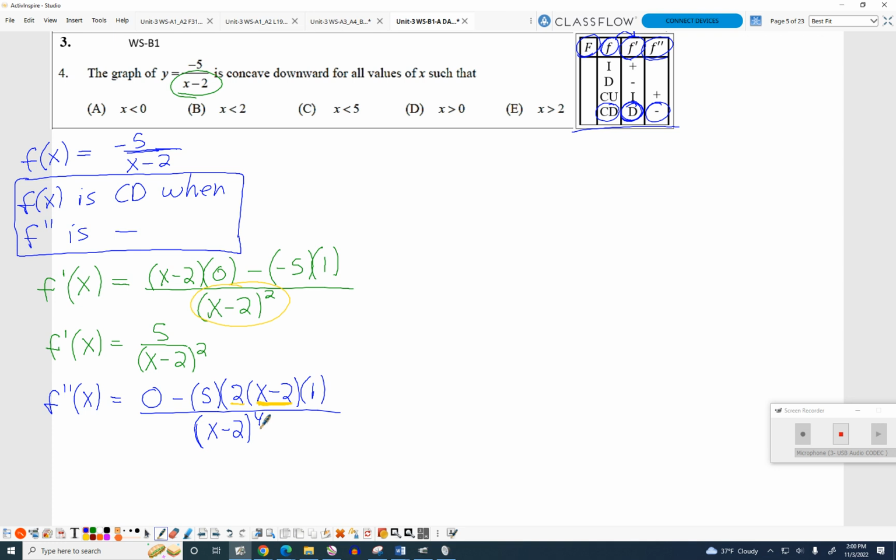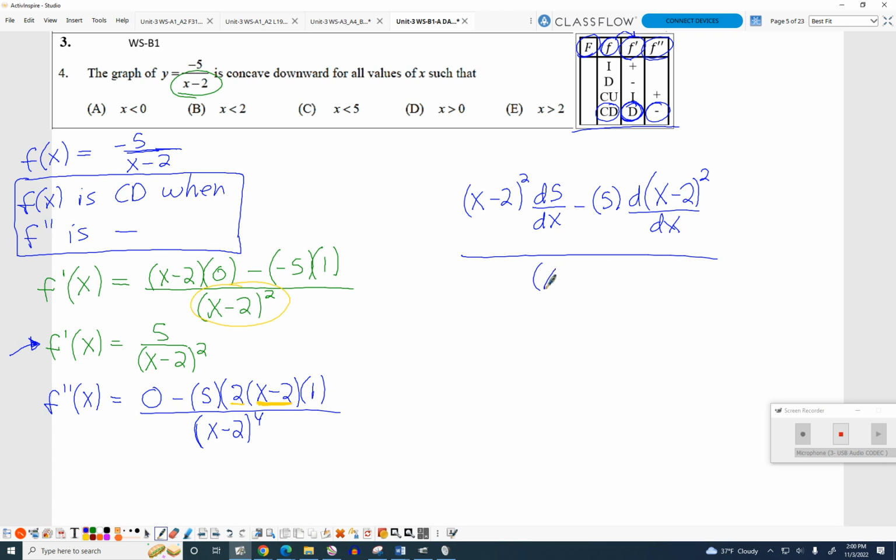So let me write it out so you can see it. I'm working on the derivative of this. The details would have been like this: x minus 2 squared d of 5 over dx, subtract 5 d of x minus 2 squared over dx, all over x minus 2 squared, that squared.